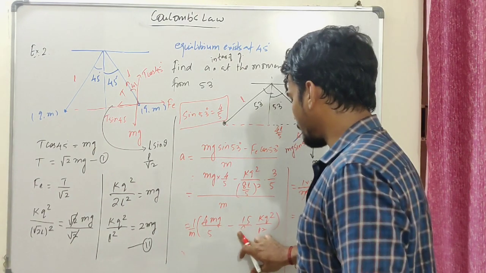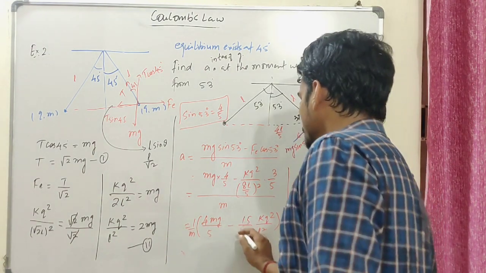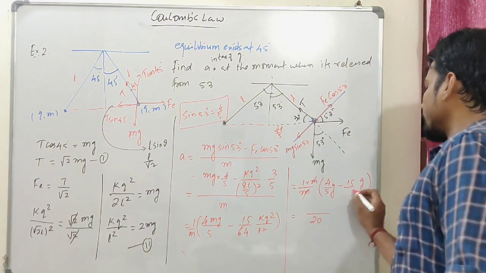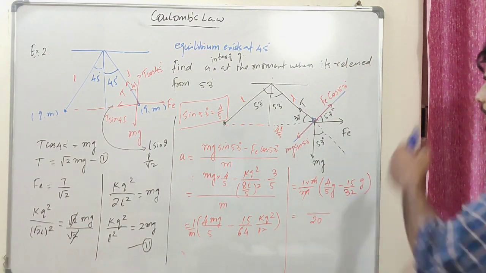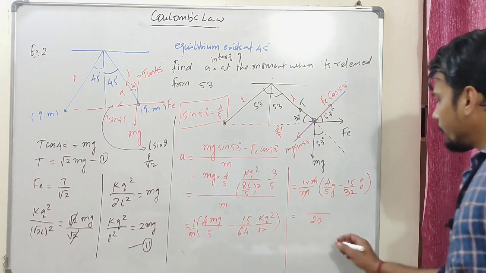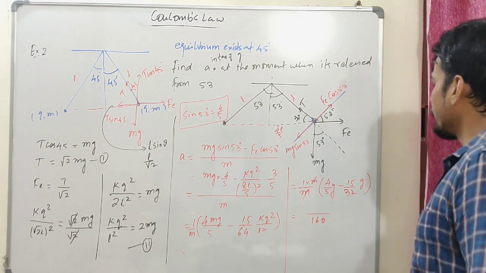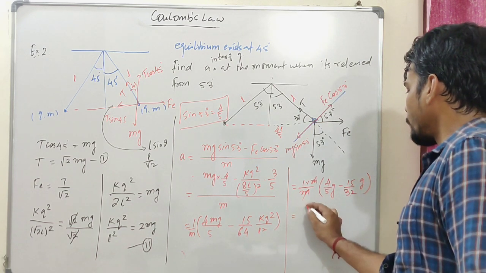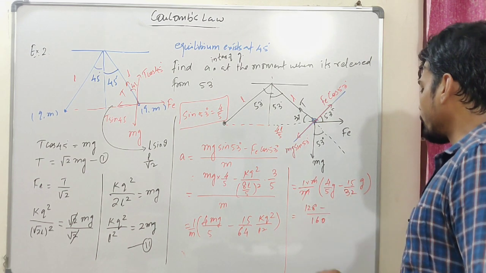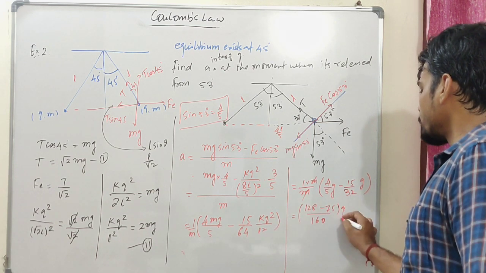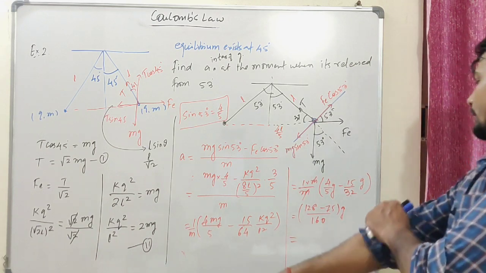We had to write 64 over here. 8 square is 64. So it means this should be 32. Okay. Now the LCM will be how much? 160. I'll be having 128 negative 75 times g. Well, that should be how much?